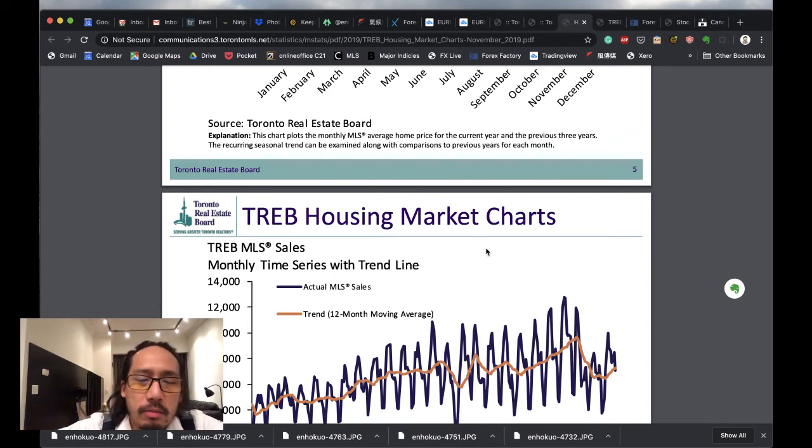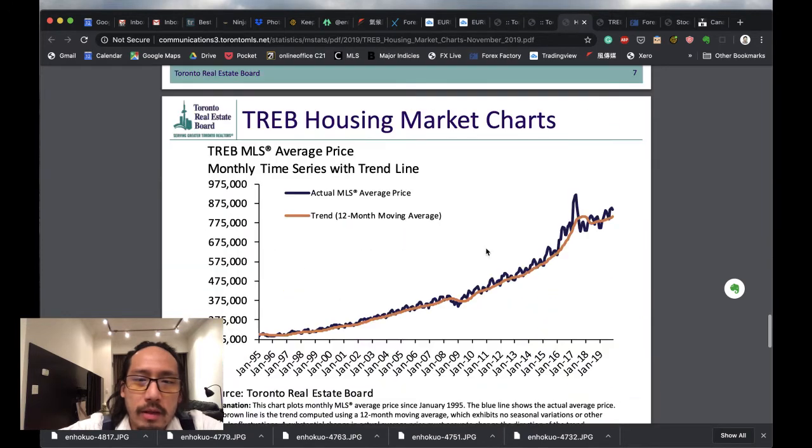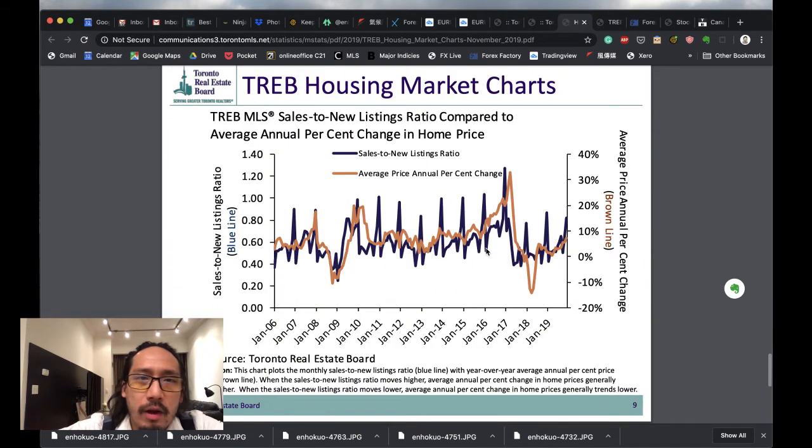But if you want to do the housing market, I just want to show you something: the average annual percent change in home price. Look back at 2016, we peaked, and then it dropped for the past 2 years, between 2016 and 2018. And people were panicking, saying, oh my God, this is a recession. But is it? If you look at the percentage, it's a 10% drop, 10 to 15%.